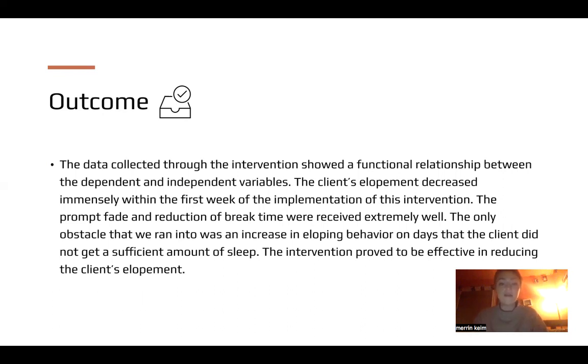The prompt fade and the reduction of break time were also received very well. As it was reduced, the client had a very good reaction to it and was able to adjust. They were not prompt dependent, and they were able to make progress rather quickly as time went on.